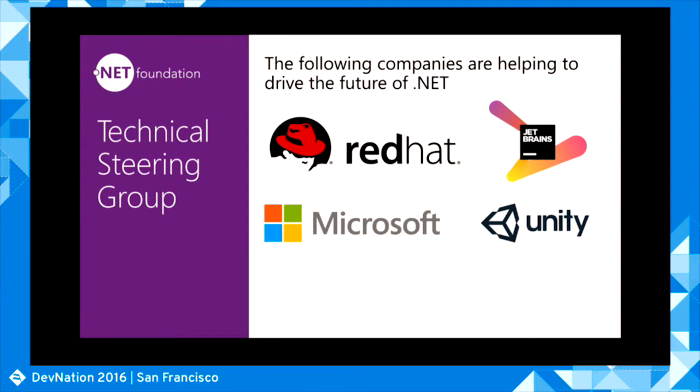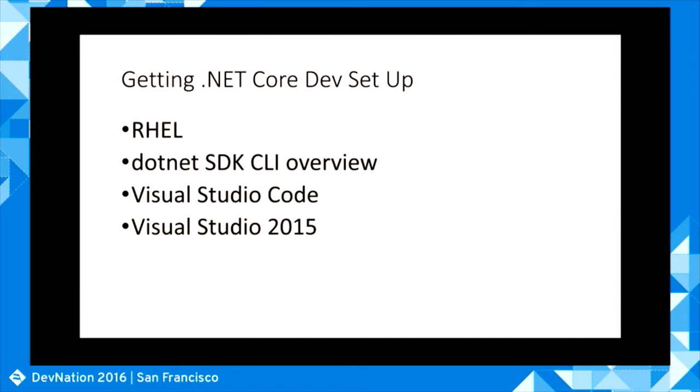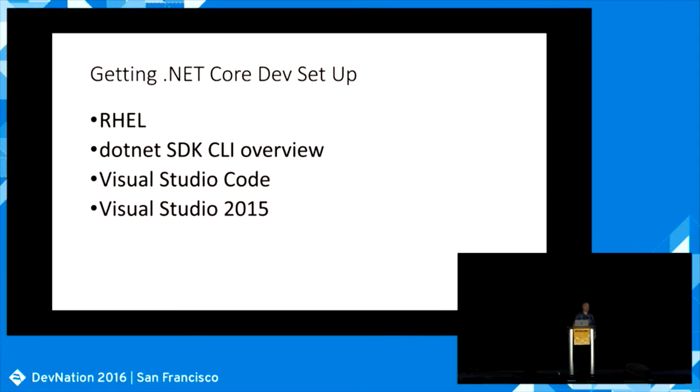We want you to trust us because we're working with this foundation that's overseeing things. And Samsung just joined us. They've made some cool contributions for the ARM virtual machine emulator lately.